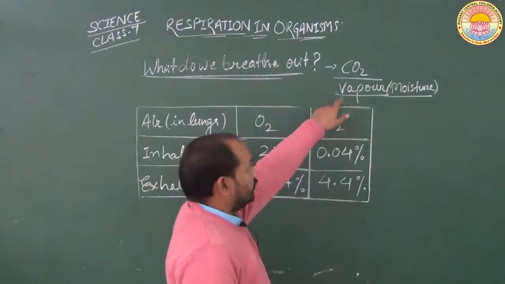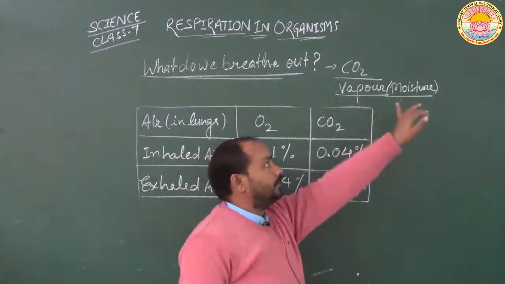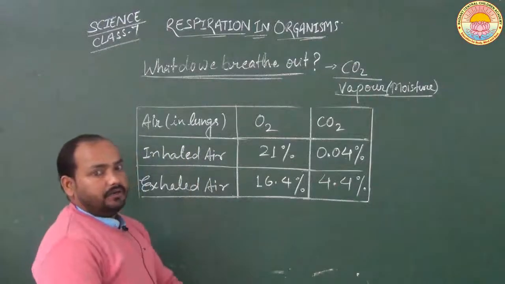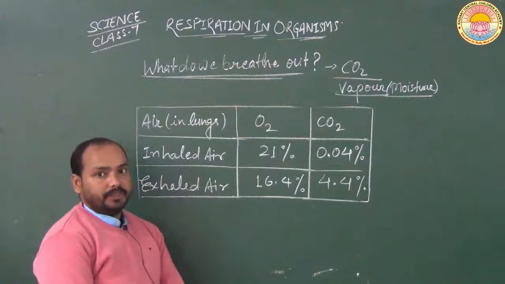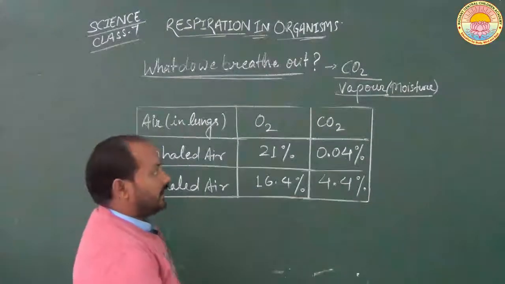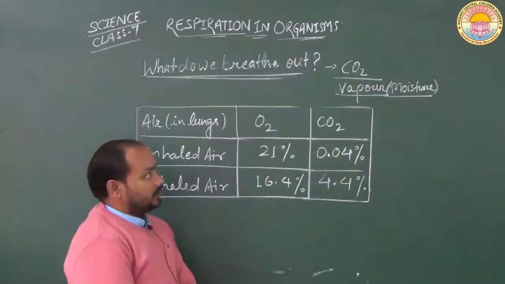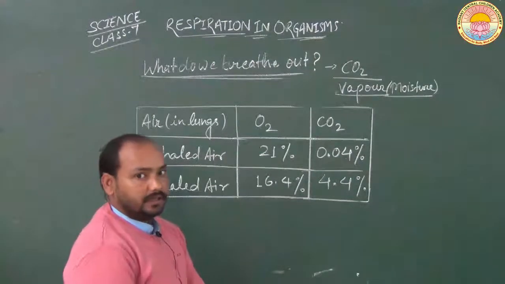This also contains vapor or moisture, and the presence of moisture can be easily identified when you exhale over a mirror. Then you can clearly see a film of vapor on the mirror, and this indicates the presence of vapor or moisture in the exhaled air.